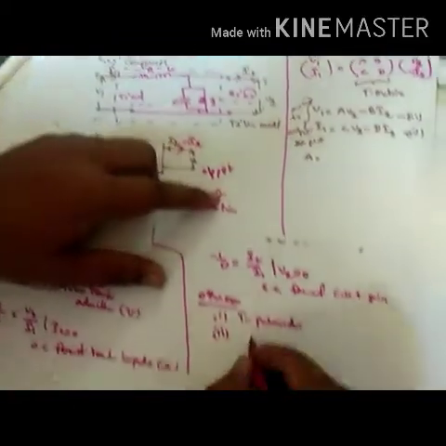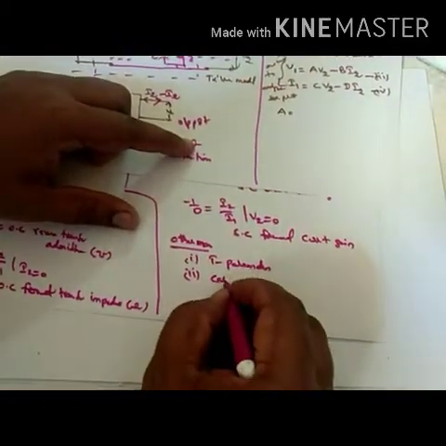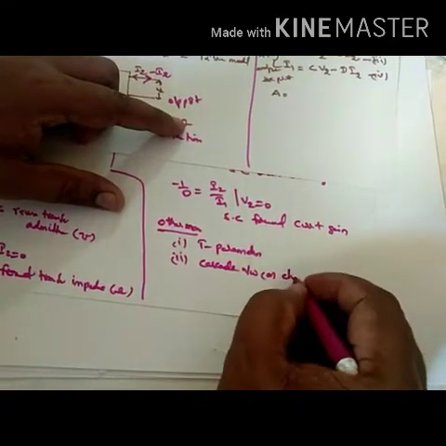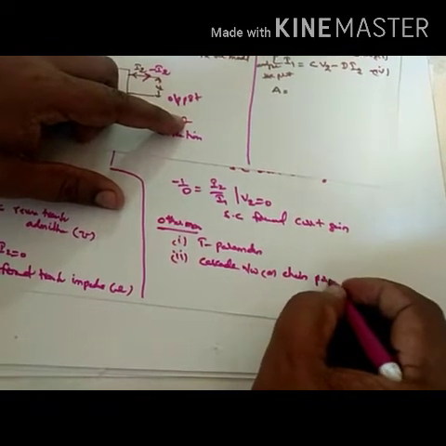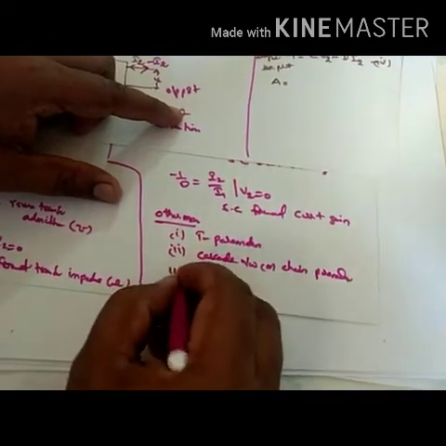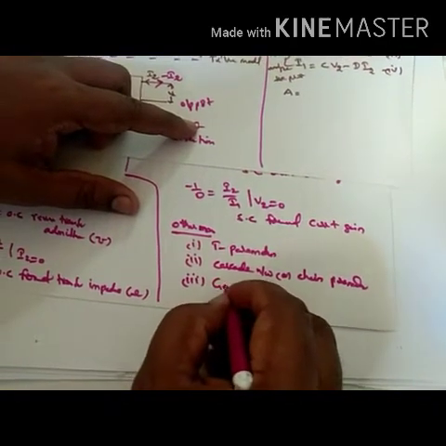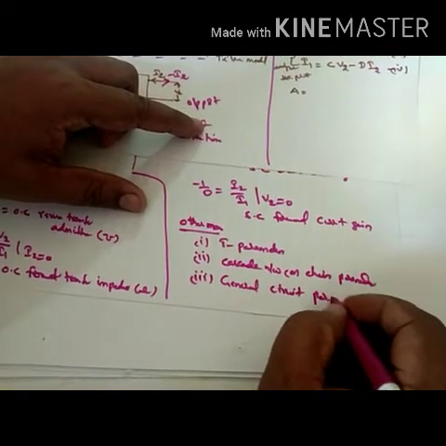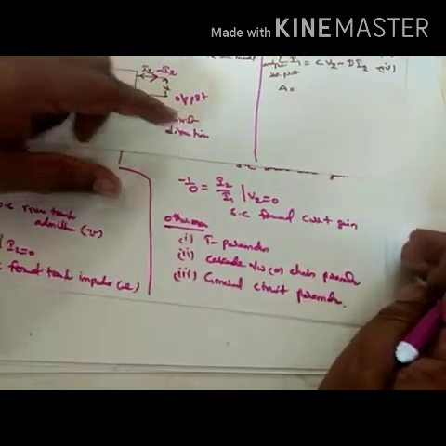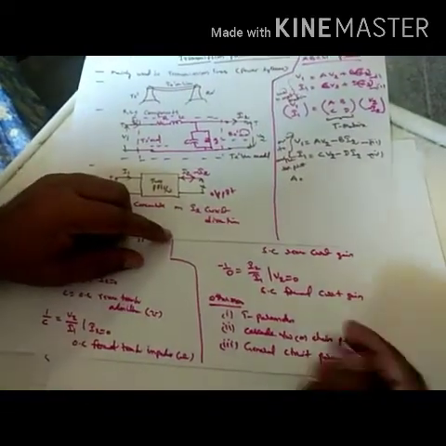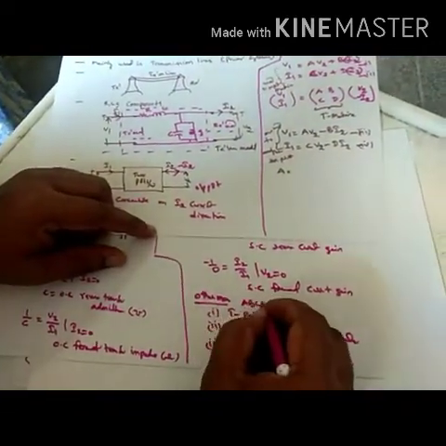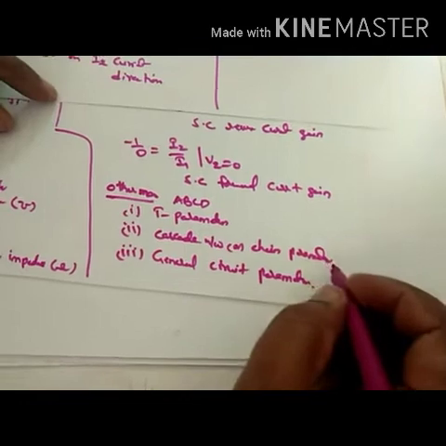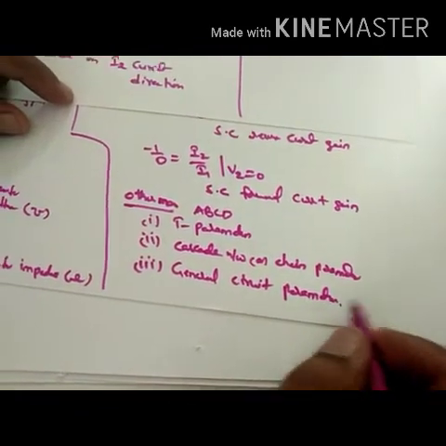Cascade or chain parameters, mainly used in cascade networks or chain network parameters. And the third one is general circuit parameters. Okay, these are the other names for ABCD parameters: T parameters, cascade network or chain network parameters, or general circuit parameters.